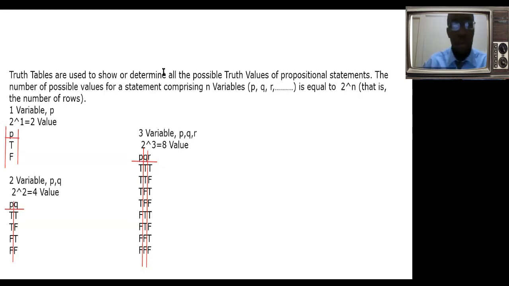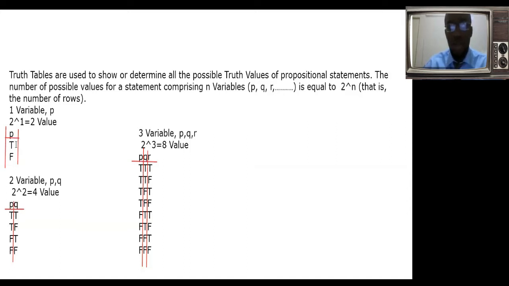for example, consider we have one variable. Let's just say P represents it is sunny. Now that statement can only have two possibilities. It's either sunny, yes or no. So look at the first one, where we have one variable P. The result is either it is true, is it sunny?